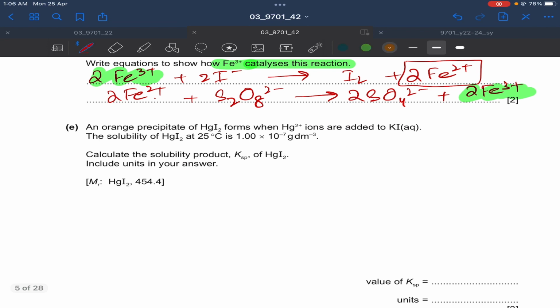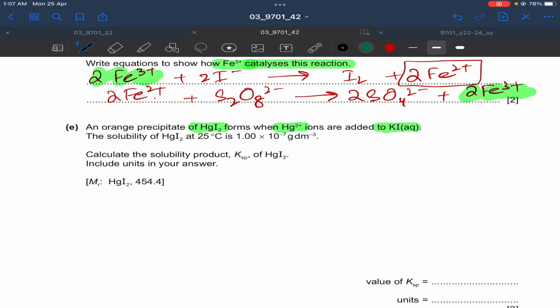Okay, so the last part of this question is related to solubility product. An orange precipitate of mercuric iodide, HgI2, forms when mercuric ions are added to KI, aqueous potassium iodide.